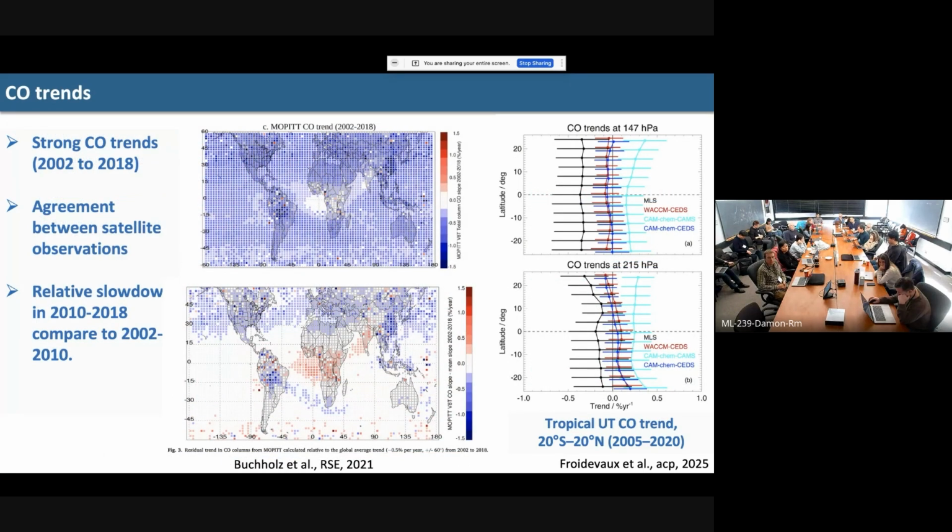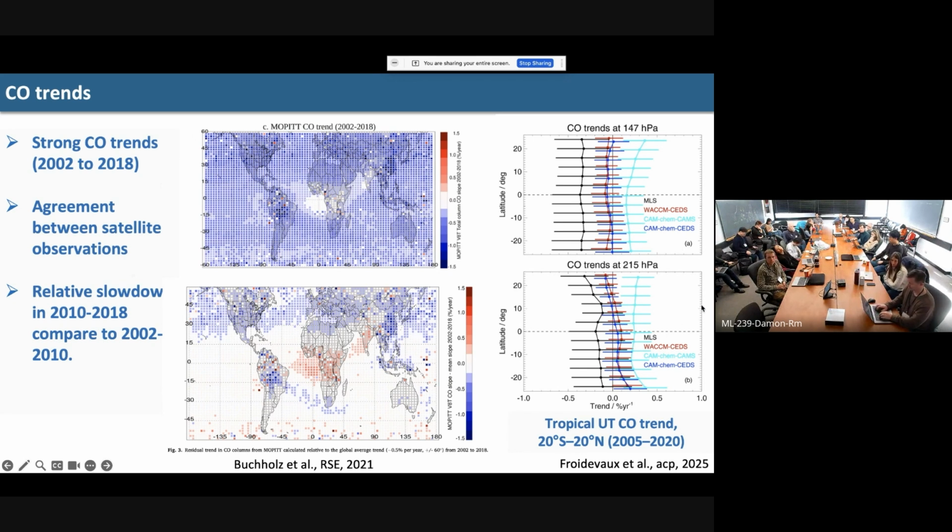For CO, there's been a strong reduction in anthropogenic sources that we can monitor with MOPITT, and with a relative slowdown in the most recent period in the same regions, especially Southeast Asia.